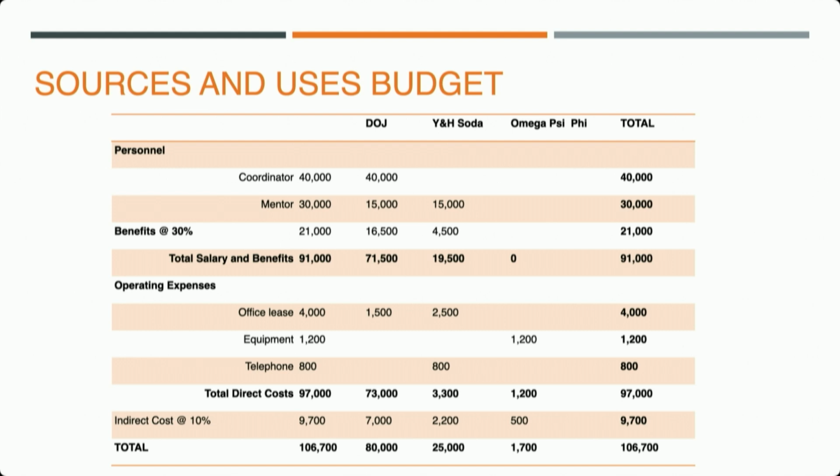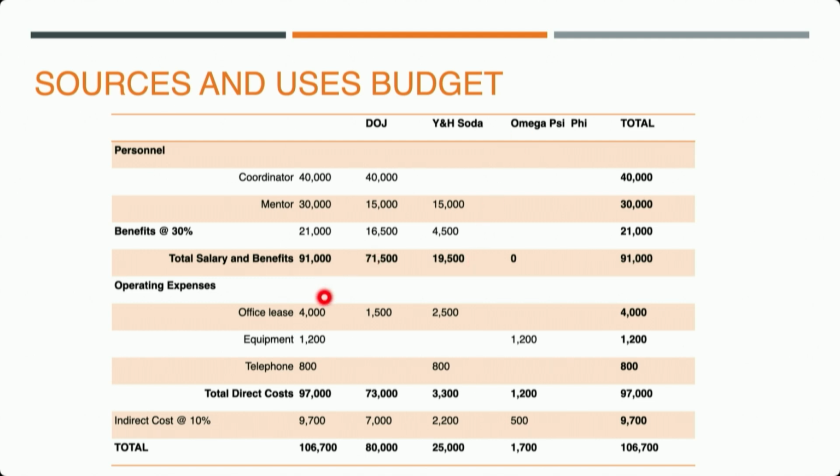When we look at the coordinator, the position costs $40,000, and all of the coordinator's position is funded with the DOJ money. Do you see that? Right here. But then mentor at $30,000, $15,000 is funded by the DOJ and $15,000 by the Y&H Soda Foundation. So it tells you where the mentor money is coming from. And then it tells you how the benefits are split as well, how the salaries are split between the DOJ and the Y&H Soda Foundation.